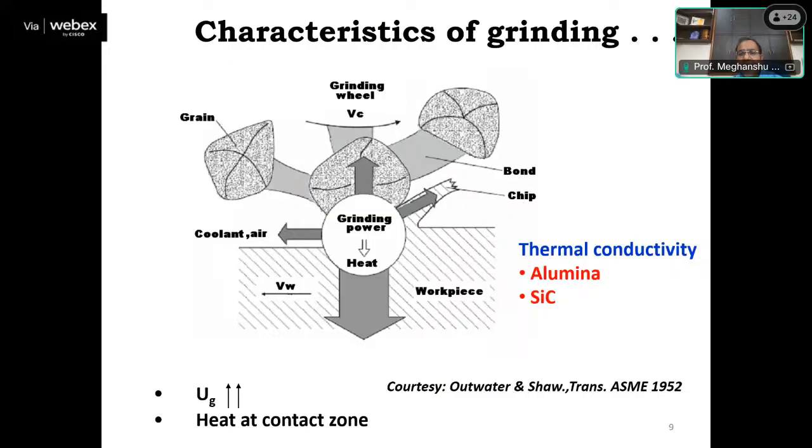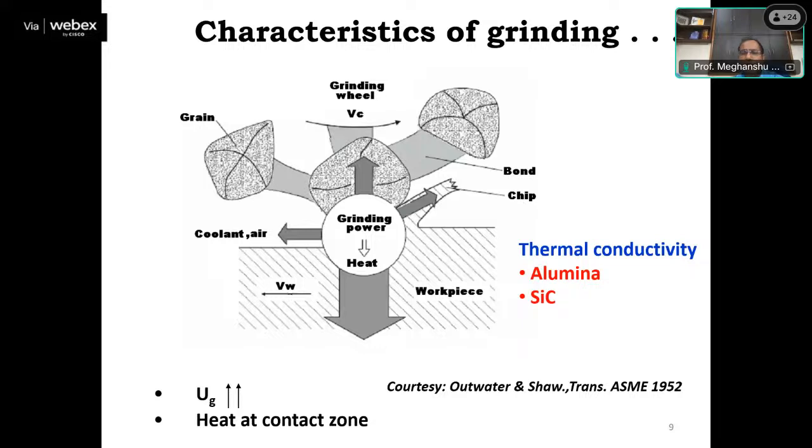In conventional grinding, we are using abrasive grit made of alumina or silicon carbide. The thermal conductivity of these abrasive grits is very important. Alumina and silicon carbide thermal conductivity is very small.